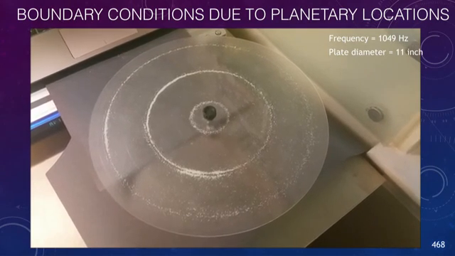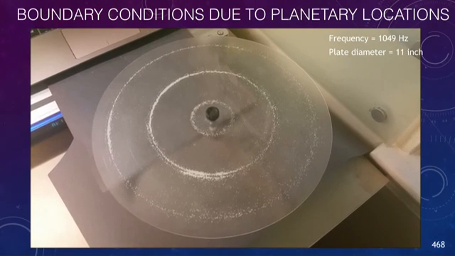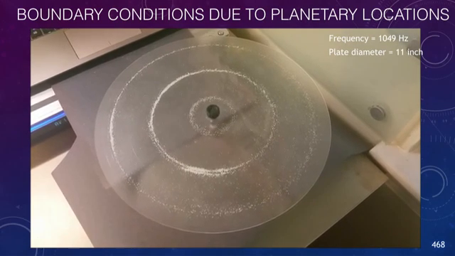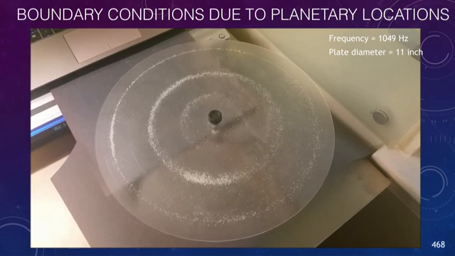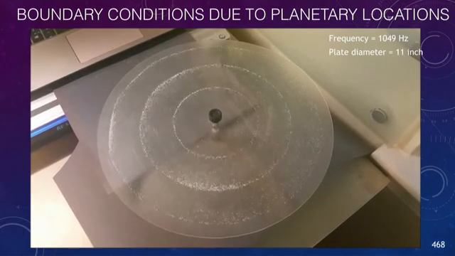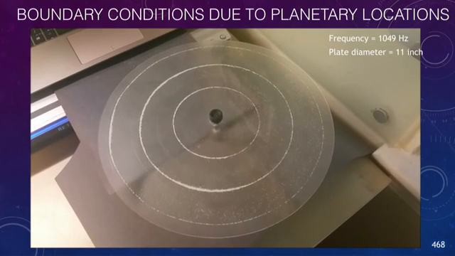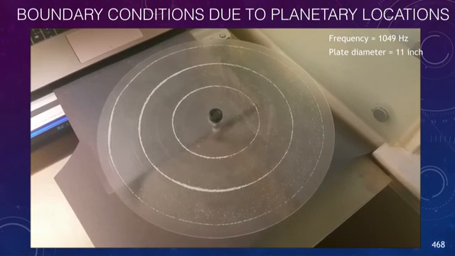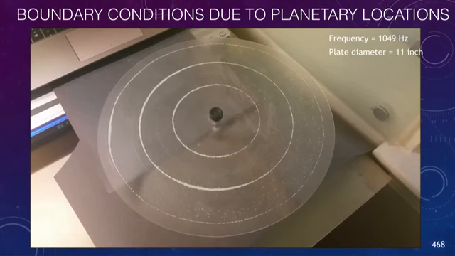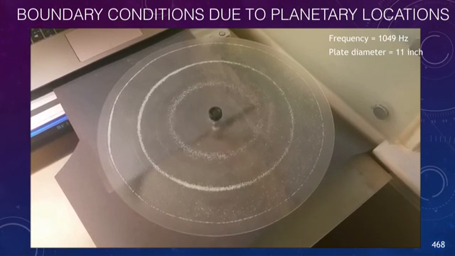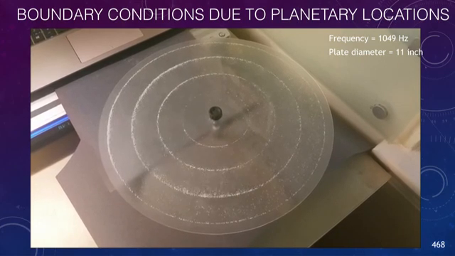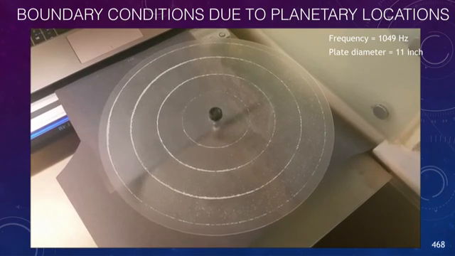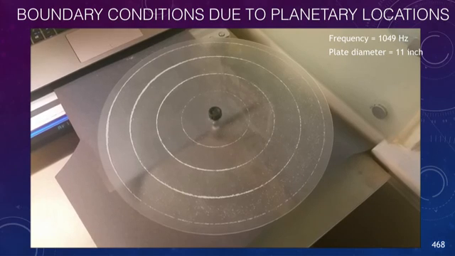And as we change the frequency, you see how things evolve over time. In this case, we use a frequency of 1049 hertz, which is at the resonant peak of this structure. The diameter of the plate is 11 inches if someone wants to reproduce it. So it's producing 4 rings.